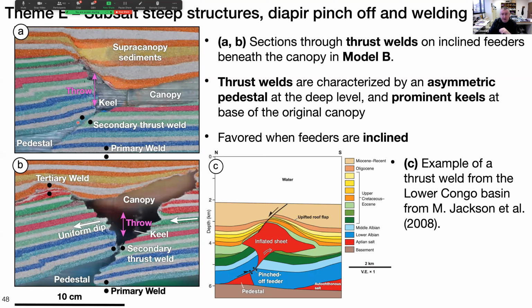are thrust welds, and these are characterized, as I say here, by an asymmetric pedestal, and also at the upper level, well, in here it's actually obvious, a pretty large keel at base canopy level.